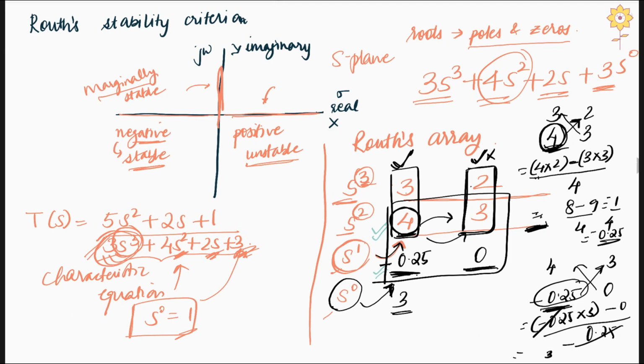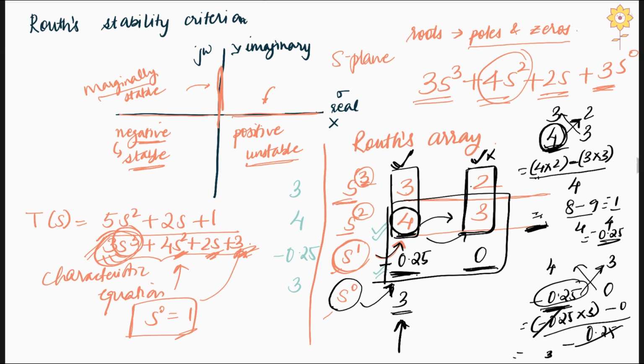So, we have completely filled the Routh's array. Once you have the complete Routh's array, you have to look at the values in the first column of the Routh's array. So, what all values do we have? We have 3, we have 4, then we have minus 0.25 and 3, right. So, we have to see if there is a sign change in the first column.